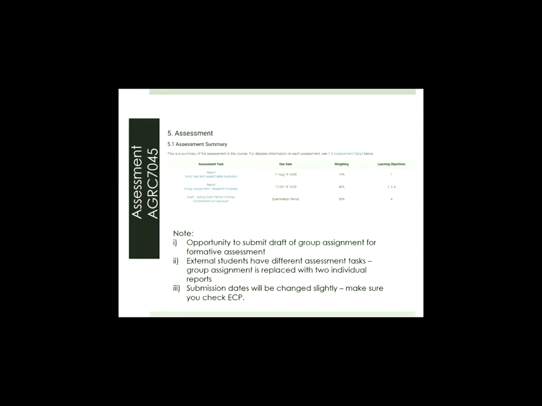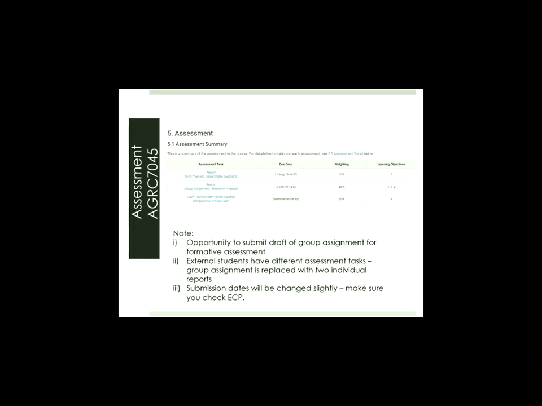Okay, let's talk about assessment. This semester, in response to some of the suggestions from students last semester, we've changed the assessment slightly. We only have three assessment items.